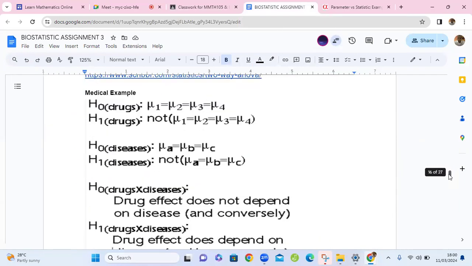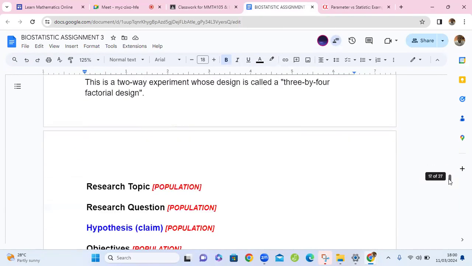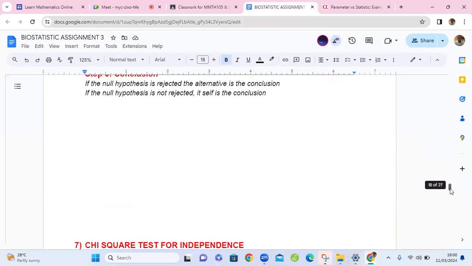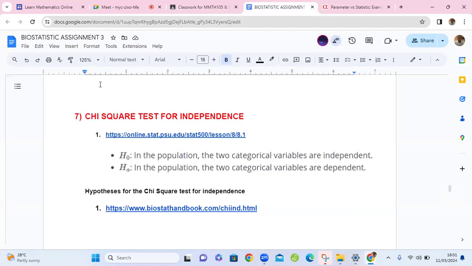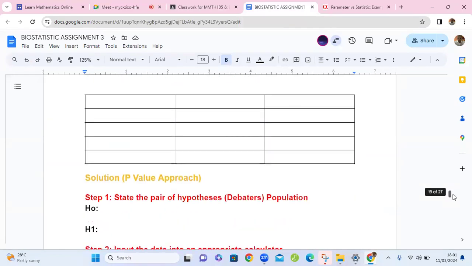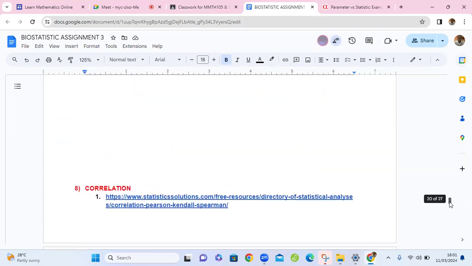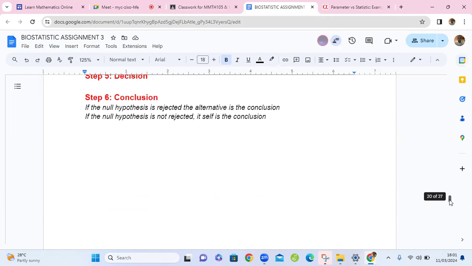Two-way ANOVA, we'll be dealing with that also. That's another parametric test. Parametric tests are very popular, very important. The chi-square test for independence is not a parametric test because it does not involve a parameter. So we'll be doing a non-parametric test, the chi-square test for independence. And we'll be doing correlation.